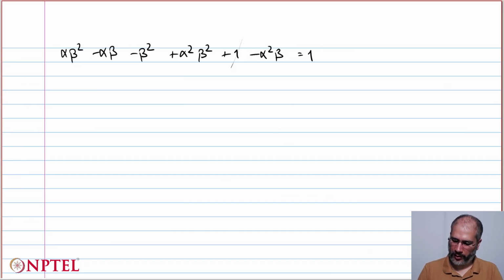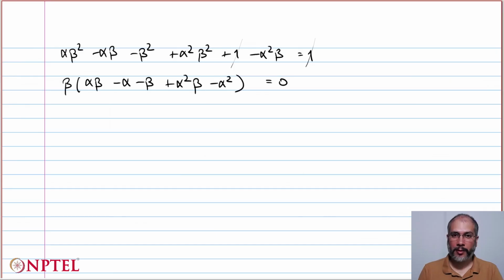So we basically have to expand this determinant, which when we do, we get this equation. Now 1 gets cancelled on both sides, and I can take a beta common. So I get this equation. But alpha and beta are given to be positive constants.